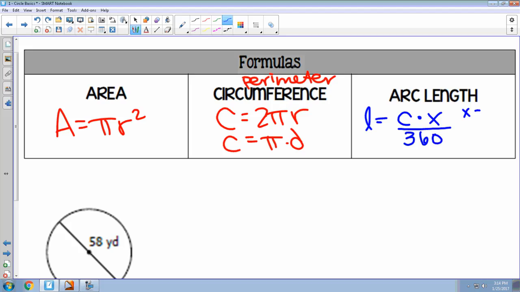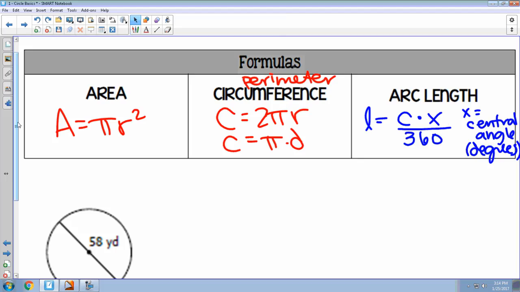This x is the measure of your central angle in degrees. So in order to do this problem, you'd have to know the circumference, or so you'd have to have a radius or a diameter, as well as the measure of a central angle, and then you can find that angle measure.